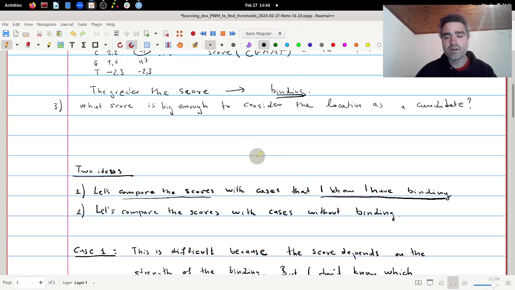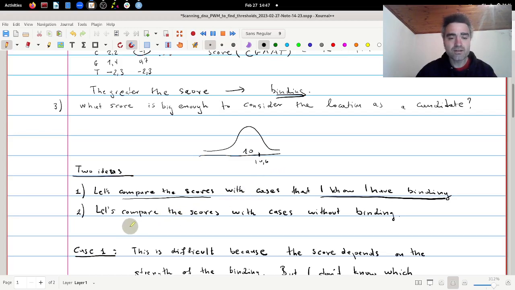If we know, for example, that when we have binding the scores are around, let's say 10, with some distribution like this, then if we get a score like 10.6, we say okay, it fits pretty nicely with the cases that we have binding, so probably my case is a binding as well.